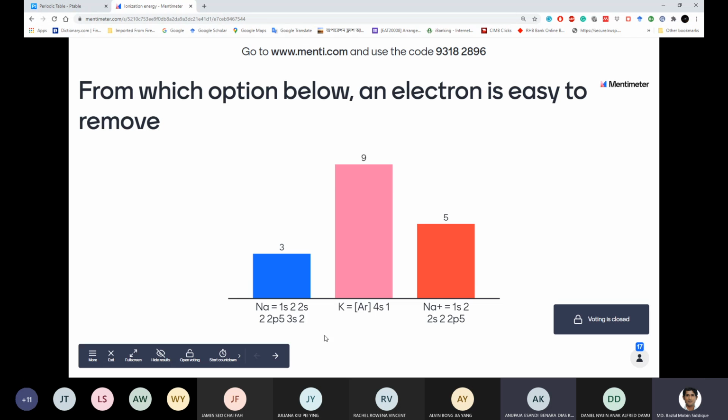Okay, yes, this is one option. Thank you, Anupaja. We will discuss more about it. Do you want to add anything else? For sodium plus, the electron should be removed from the outer subshell, from the last subshell.